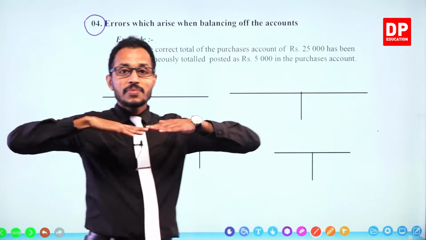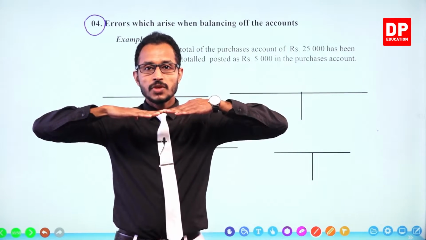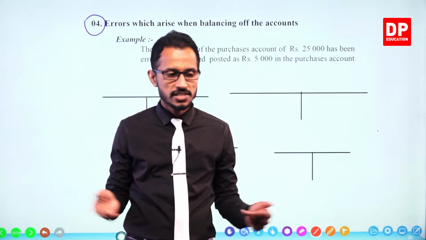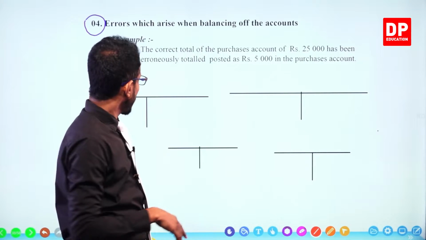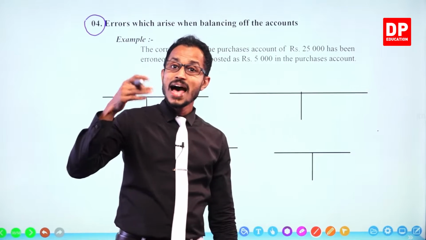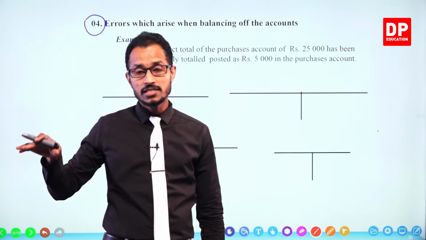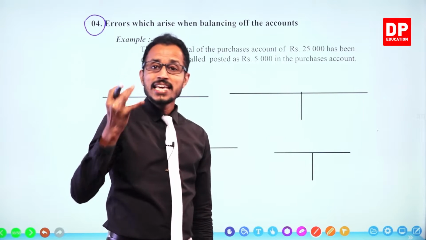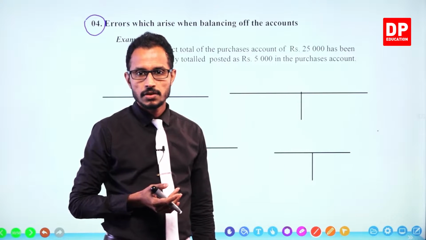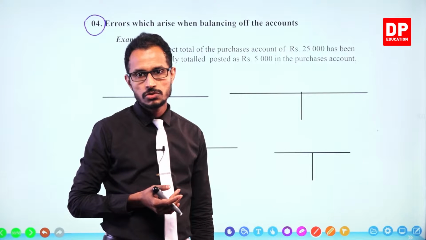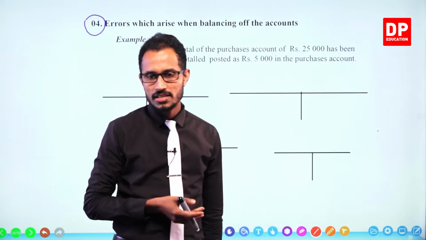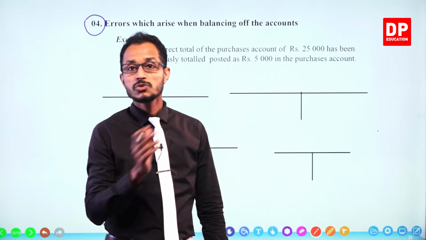Okay. Every account must be balanced. You know how to balance a T account, a ledger account. You know what balancing is. We have done these things. But the important thing here is, when a ledger account is balanced, taking or extracting the balance of that ledger account to the trial balance.